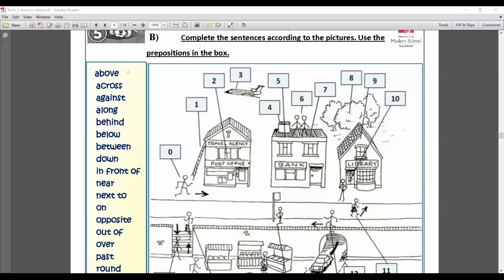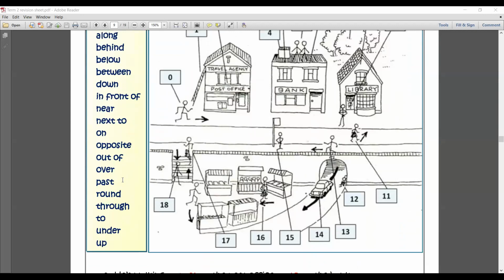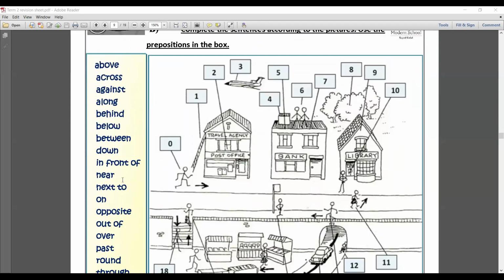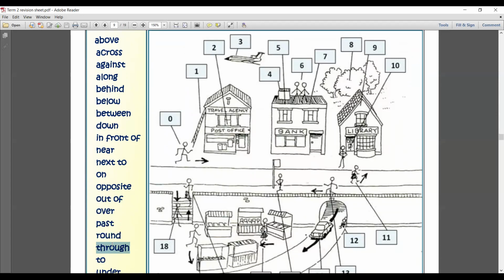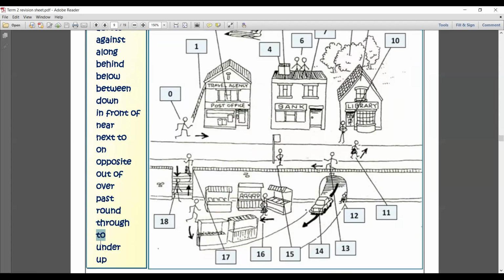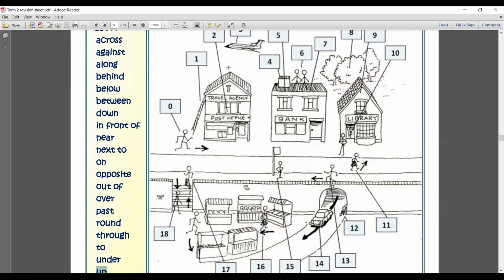Here we have some prepositions in the box. We have above, across, against, along, behind, below, between, down, in front of, near, next to, on, opposite, out of, over, past, round, through, to, under, and up.